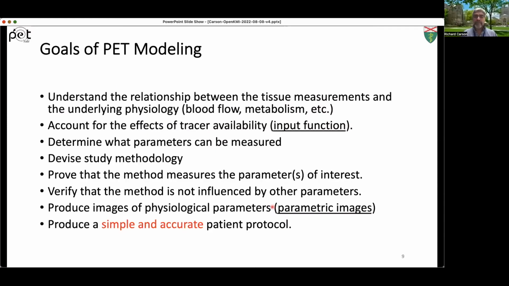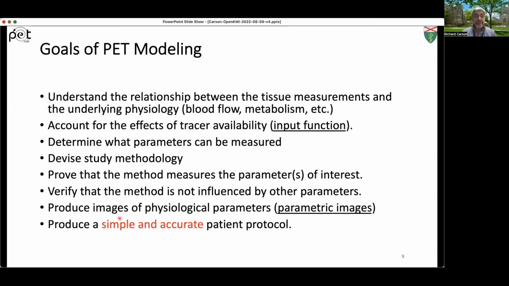So when we embark on PET modeling, we're really trying to understand that relationship, those time-varying effects between the tissue data and what's going on underneath. We're really looking to account for the differences in the availability of our tracer, which certainly varies from subject to subject on different days. And then we're putting on our engineering hat and asking, what can we measure? How should we design our study? Then we move into validation, prove that we're measuring what we claim to measure, and verify that we're not bothered by other extraneous factors.